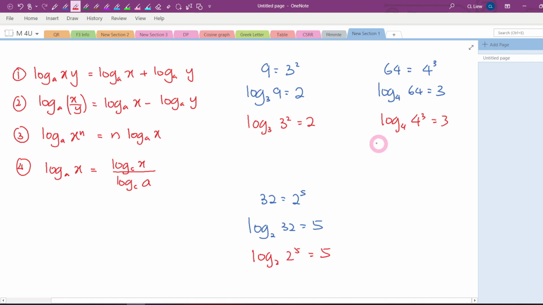Now, what have you seen? You will notice that whenever the number here and the number here are the same, then the answer will be equal to the power. Right? So if you understand this, then let's try to prove these few log properties.